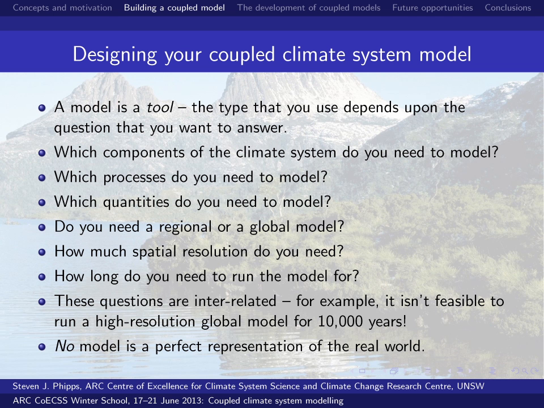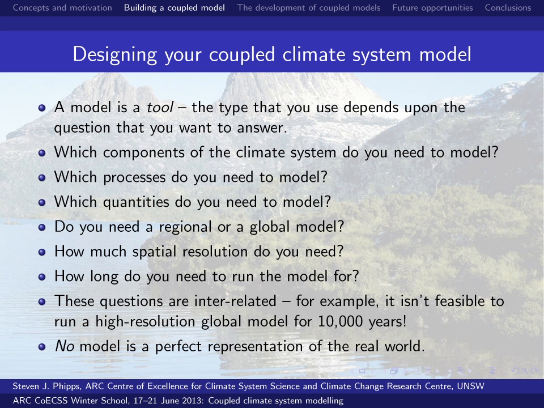So for your question, which components of the climate system do you need to model? If you want to model ENSO, atmosphere, oceans, fine. If you want to model the global carbon cycle, you've got to start bringing in biogeochemistry, vegetation, land surface, and a whole lot more.